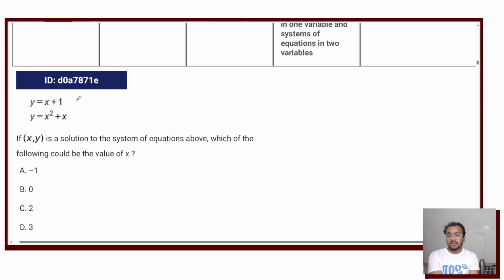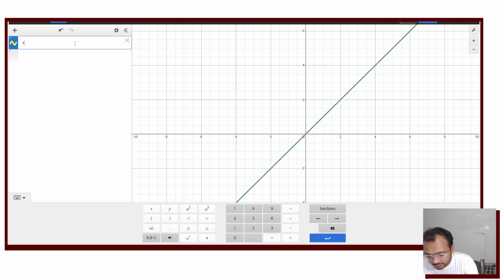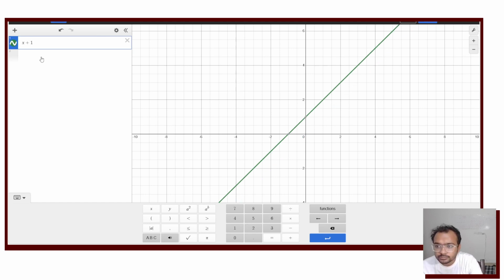Okay. In this question, we are given y equals x plus 1, a linear equation, and y equals x square plus x, a quadratic. x comma y is a solution to the system of equations above. Which of the following could be the value of x? So for this problem, we have 2 ways. Either we can solve it algebraically or use Desmos. So let's try using Desmos for this. The first equation is x plus 1.